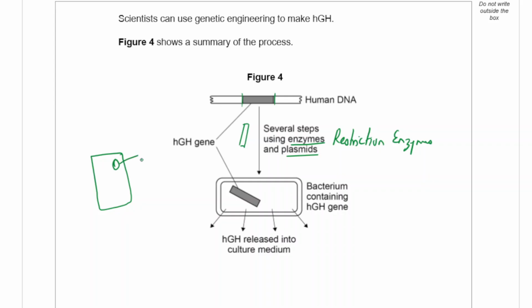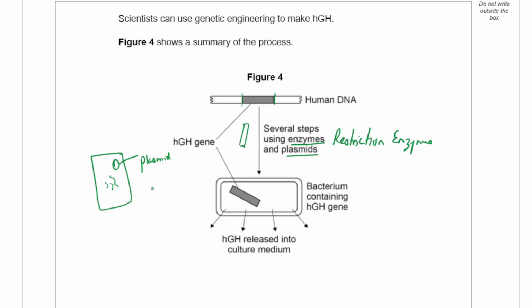That's the plasmid. Right? And it's got DNA which is not inside a nucleus. Now the plasmid is a circular DNA which is not responsible for any major function in a bacteria, so you could actually manipulate it.